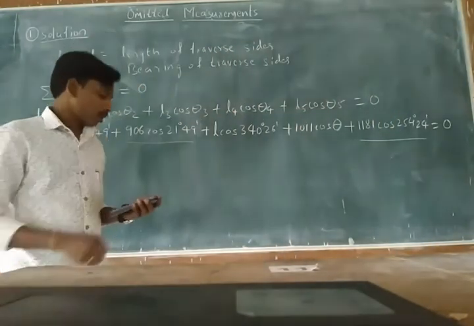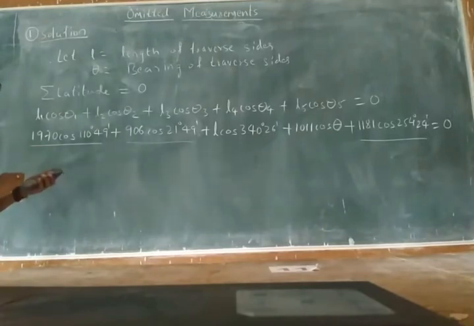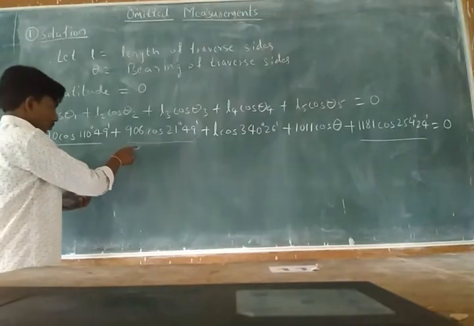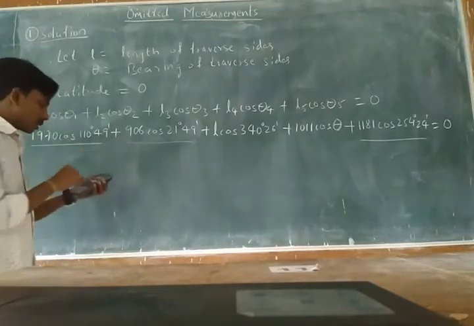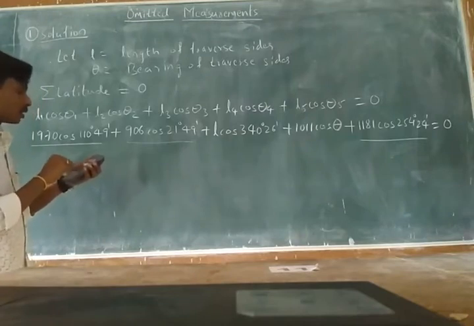Yes, I have the calculator now. Let's solve. So it says 1970 cos 110 degrees 49 minutes plus 906 cos 21 degrees 49 minutes.